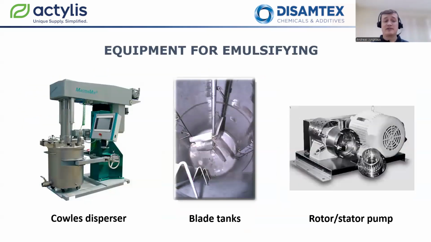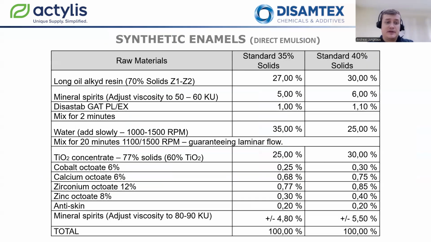An emulsion can be performed in three different machines: a Cowles disperser, a tank with blades, and the most efficient, a rotor-stator pump. Here is a model formulation that Disamtex suggests and sends to anyone interested.